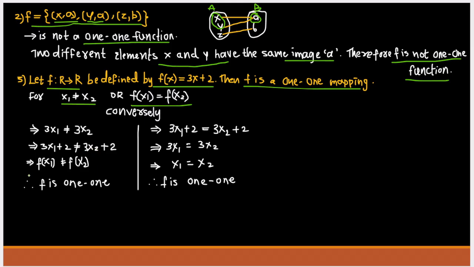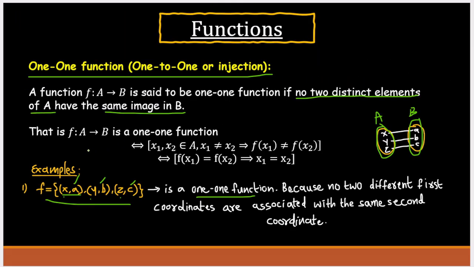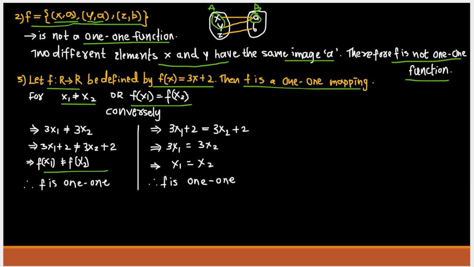So we get f of x1 not equal to f of x2. This satisfies the definition of the function: if x1, x2 belong to A, x1 not equal to x2, then f of x1 not equal to f of x2.